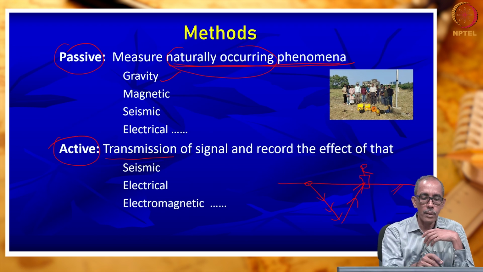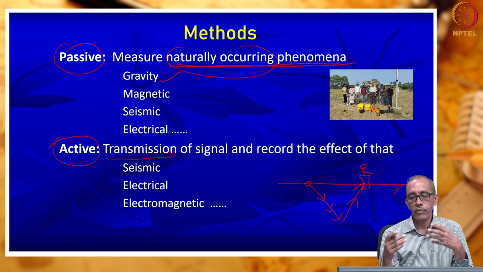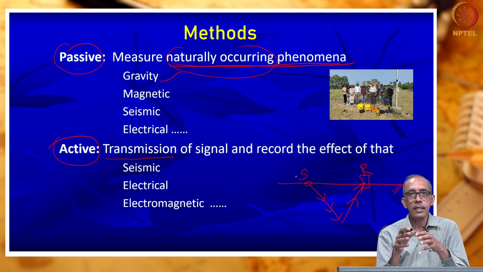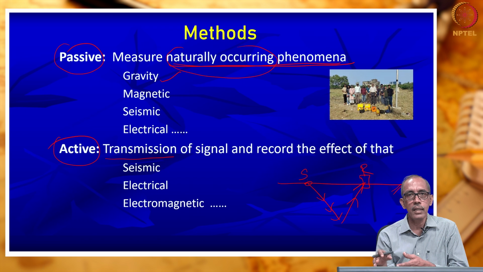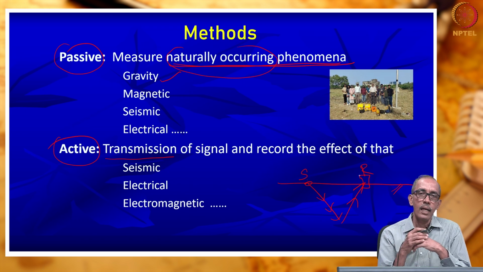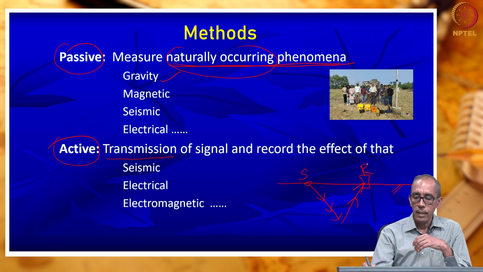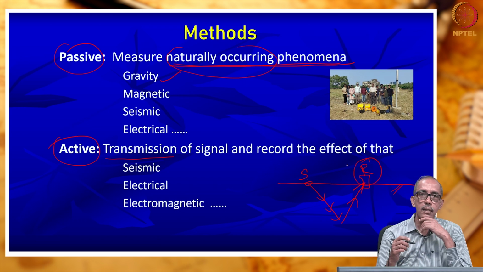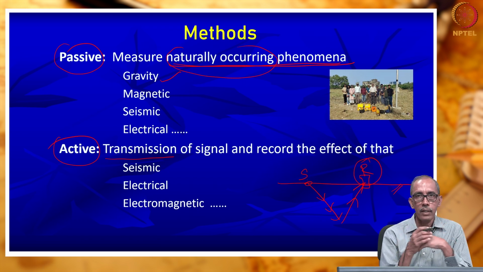Then this method becomes an active method, because we had some source. From there we generated some signal. That signal has gone in and returned. That was picked up by us, right? And we analyze the results received at the receiver. If so, that method is known as an active method.